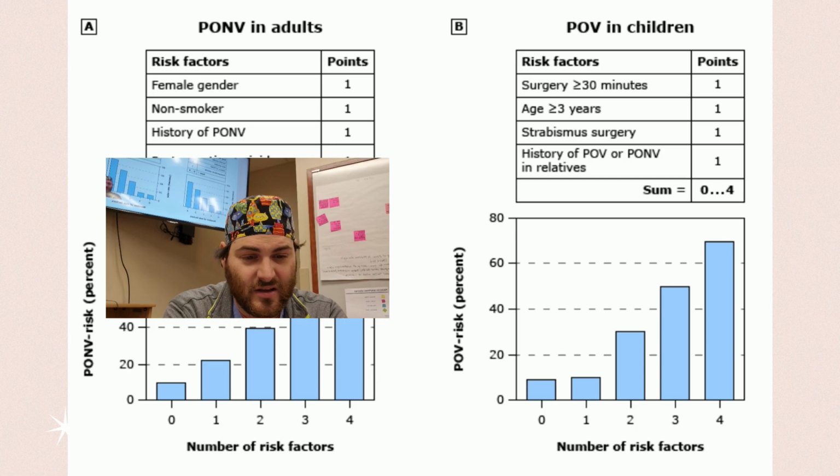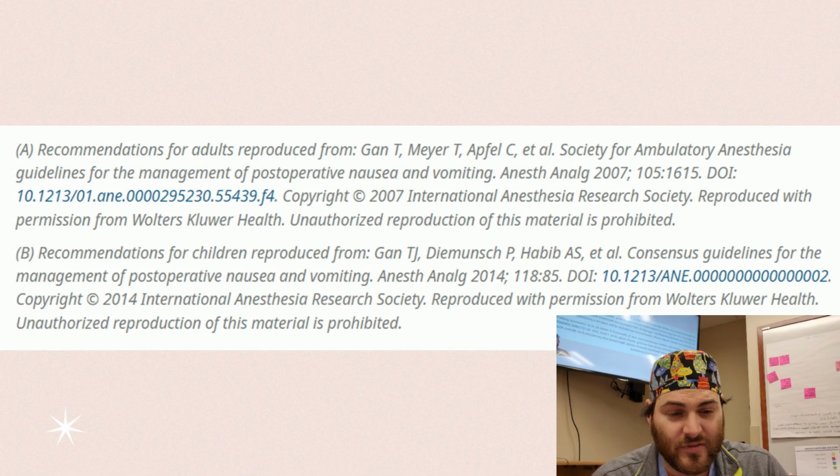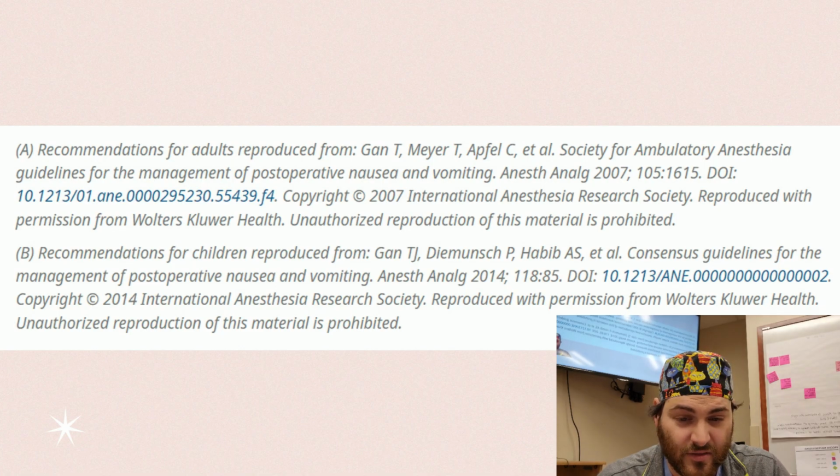And then a history of either postoperative vomiting in that particular kid or any postoperative nausea and vomiting in relatives, which is wild, because I did not believe that was actually a hereditary thing. I've always told my patients that's not usually something to worry about. This taught me something new. The citing for this scale is under B. This was from 2014, the International Anesthesia Research Society put that together.